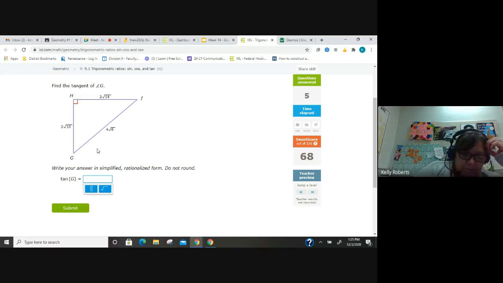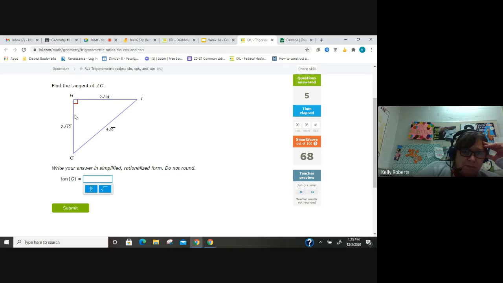All right, so the tangent of G, here's G. Tangent is the toe part. Tangent equals opposite over adjacent. So opposite G is 2 square root of 14, and adjacent is 2 square root of 10, because this is the hypotenuse, and the adjacent is the one that touches the G that's not the hypotenuse.